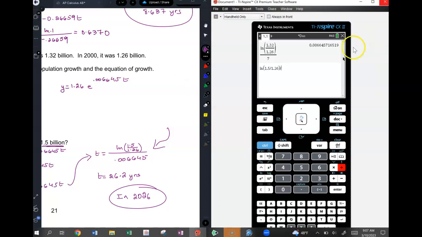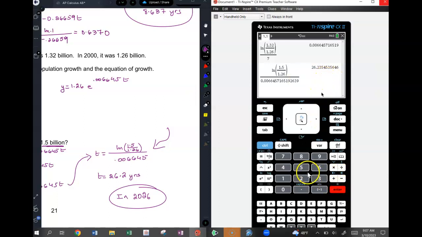Okay, so again, there are two ways you can do it. One way is you can just go up to wherever that number was, highlight it, press enter, and then just put in the whole thing instead of typing it again. I really suggest you do this, and then you get that answer.